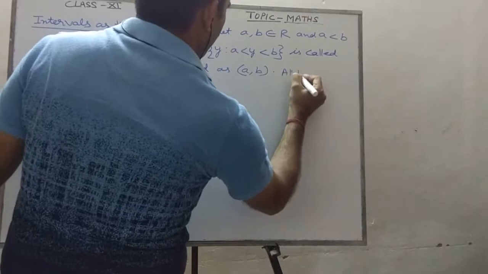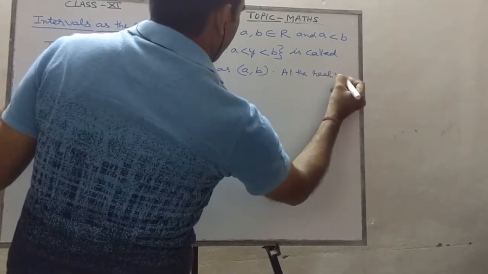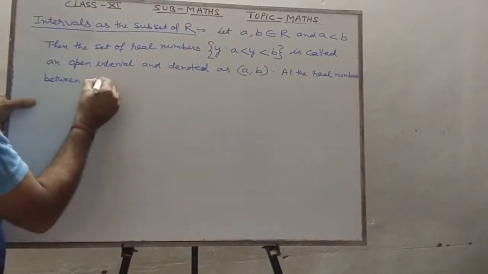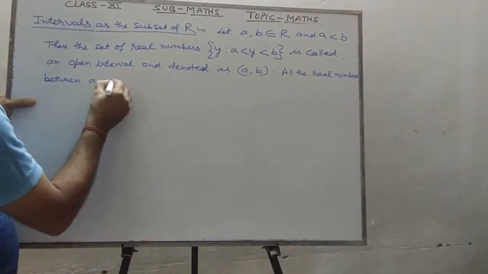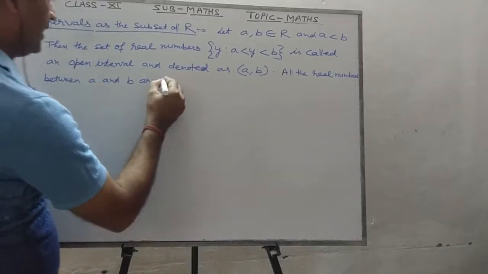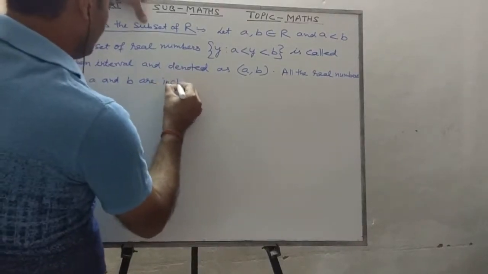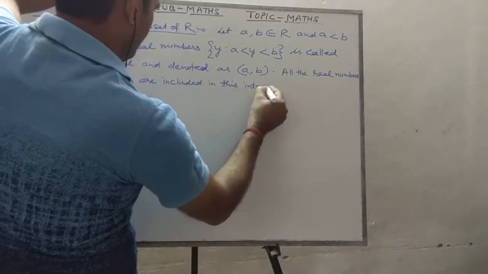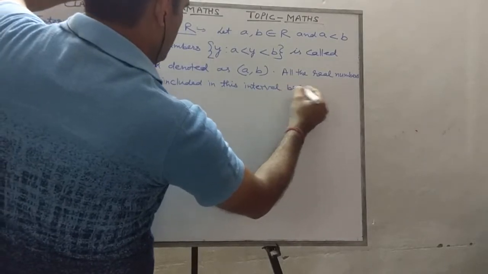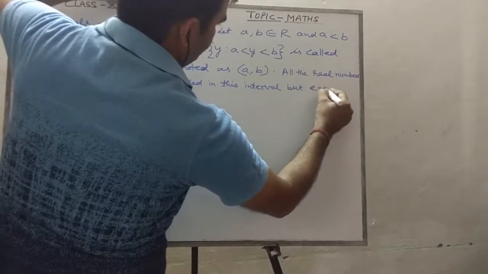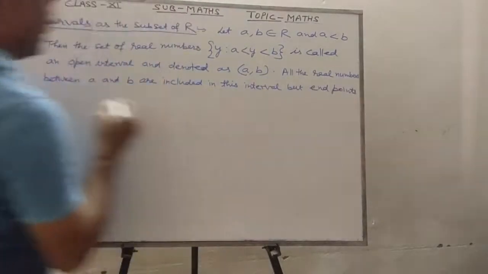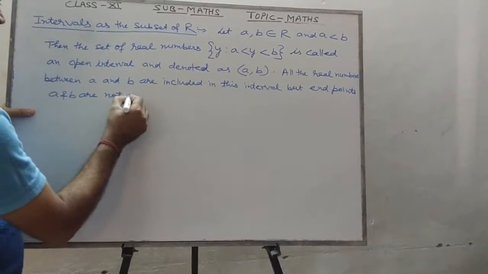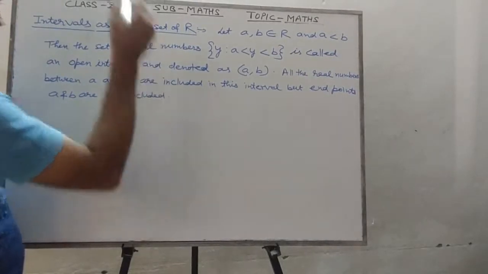All the real numbers between a and b are included in this interval, but the endpoints, meaning a and b, are not.